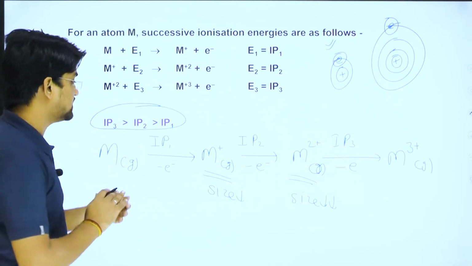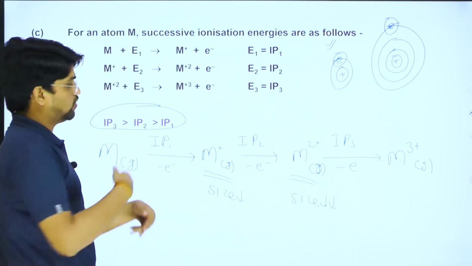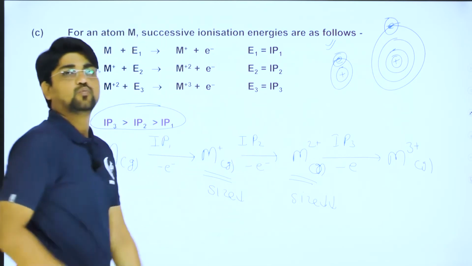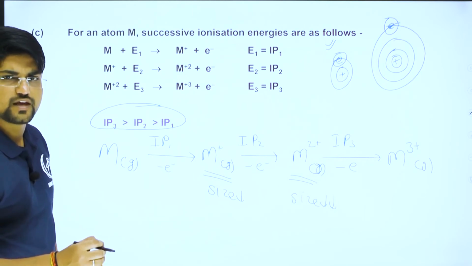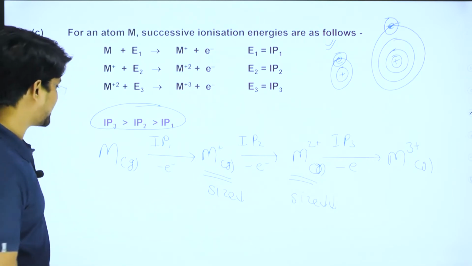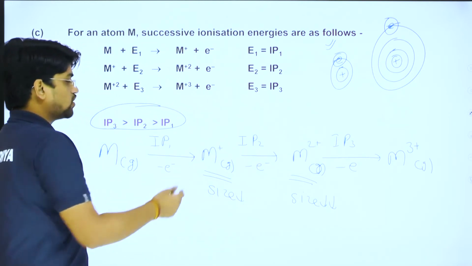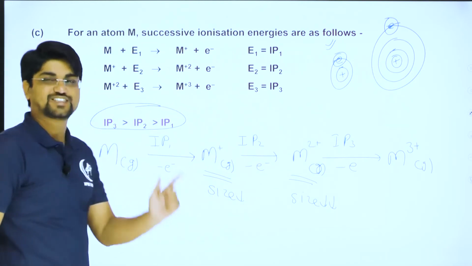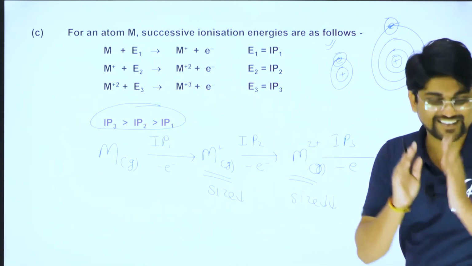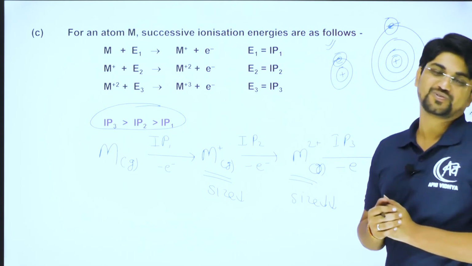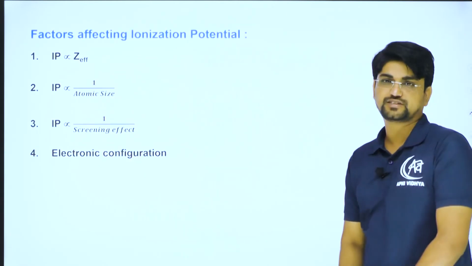And here you can see it: as electrons are removed, the cation has more positive charge and a smaller size, and with a smaller size, the ionization energy is higher. So the order of size is decreasing, so the order of ionization energy is increasing. I think the point is clear to you. Okay? Very good. Next, move to the next point.